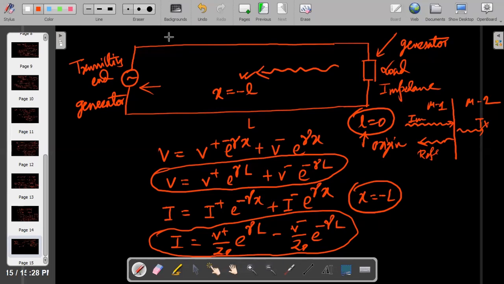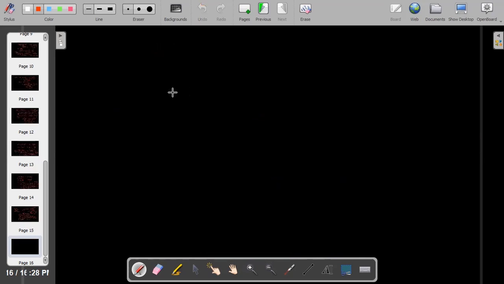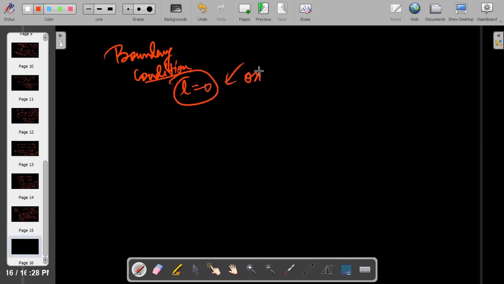If you remember, what you will put here, L equals to 0. That is your origin. This origin is your boundary condition. Now you put boundary condition. What we are getting? Boundary condition is nothing but L equals to 0. Your origin is your boundary condition.